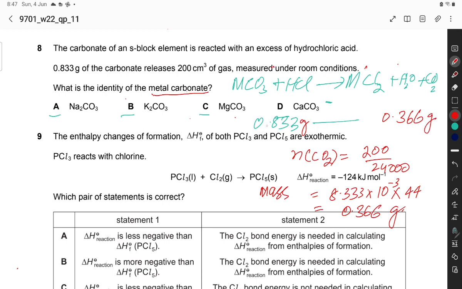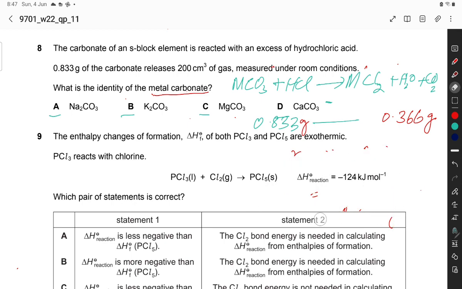So if 0.833 gram producing 0.366 gram of carbon dioxide, then what would be the mass of carbonate if 44 gram of carbon dioxide is released. So do cross multiply.